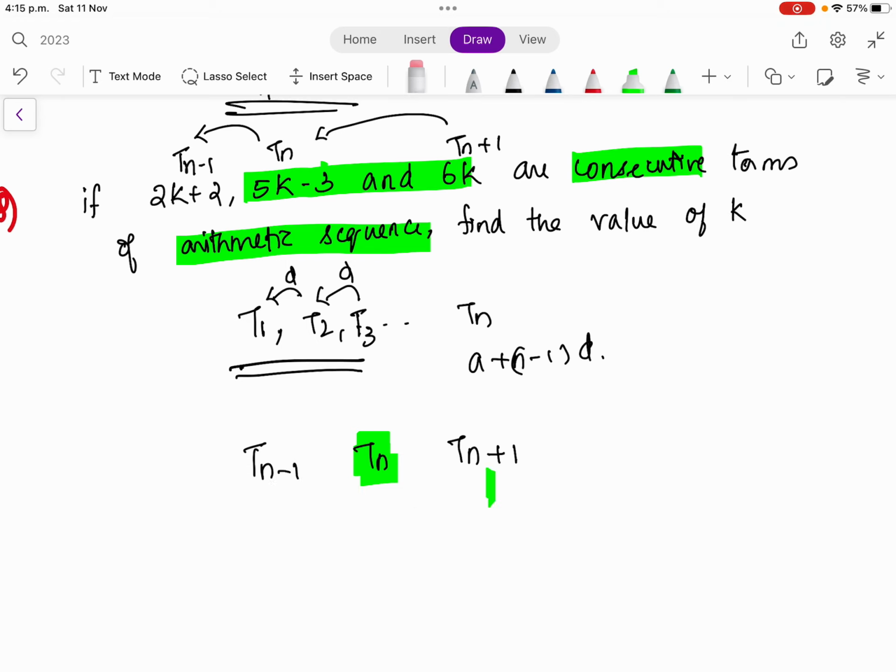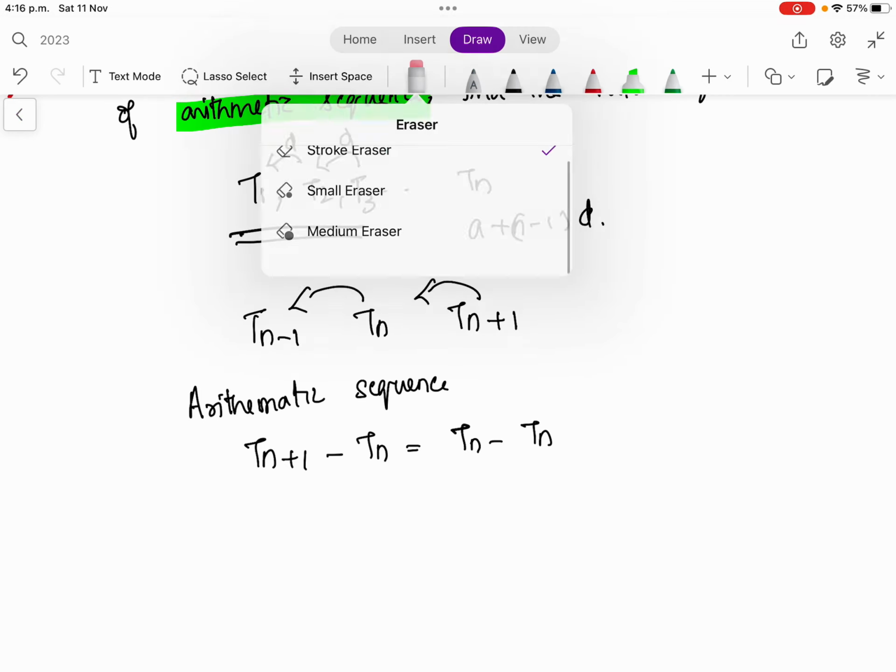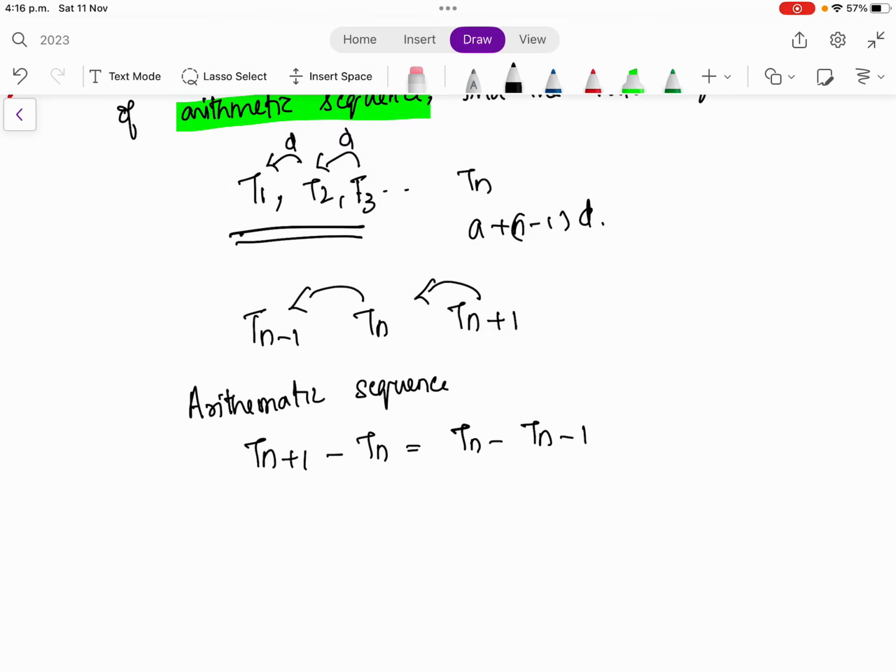If you have three terms like this, for them to be in an arithmetic sequence, the difference Tn plus 1 minus Tn should be equal to the difference Tn minus Tn minus 1. So you find the difference of these two terms.